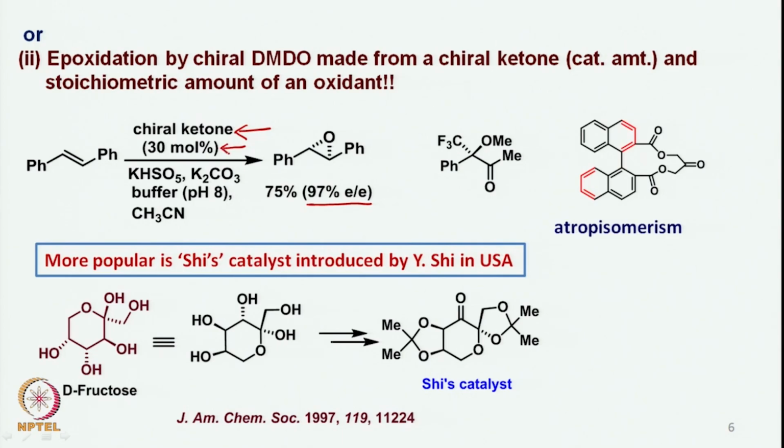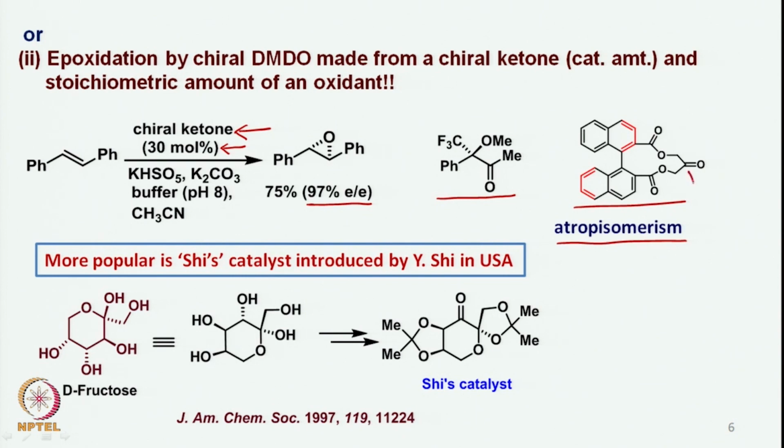Various kinds of chiral ketones have been utilized. For example, this is one of the chiral ketones which has the CF3 methoxyphenyl and this particular methyl ketone, or this type of ketone where the chirality comes from the corresponding atropisomerism.